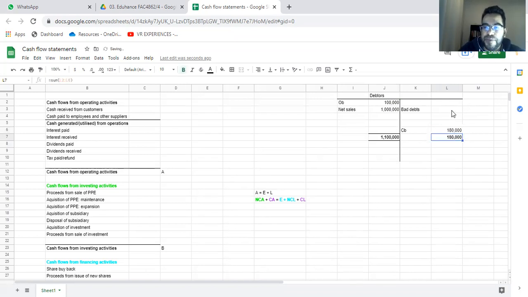Bad debts is 0. So the balancing figure would be bank. So remember, bank is on the credit side of debtors. So therefore, on the bank account, there's a debit to bank, meaning bank went up because debtors paid us. Okay, so the missing figure over here, in order to get to 1.1, will have to be 1020, I think.